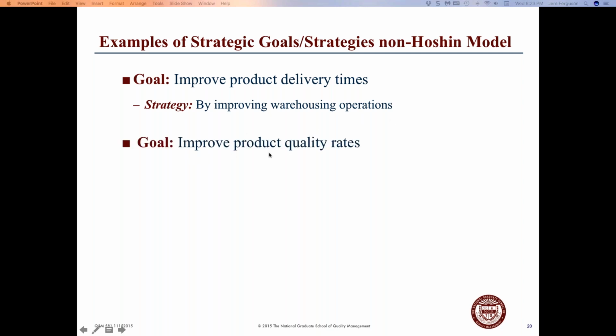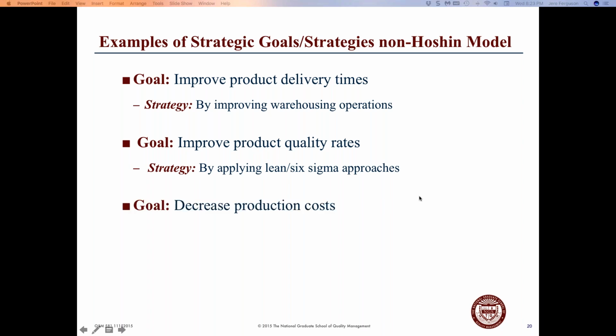Another goal example might be improve product quality rates, and the strategy might be applying Lean Six Sigma approaches to that area. Decrease product costs, another goal. The strategy, by improving supplier performance. These are just examples of how you might apply a goal and a strategy. The goal being the larger concept, the strategy being the operational specific approach.